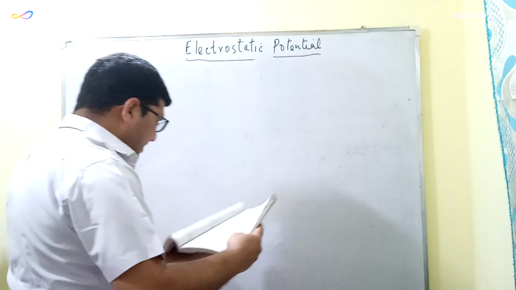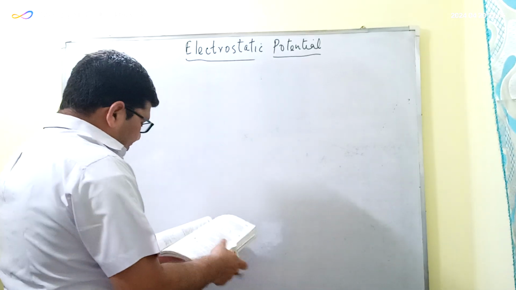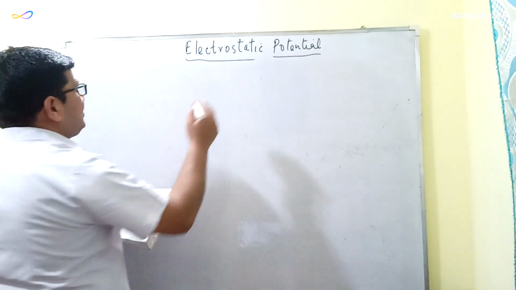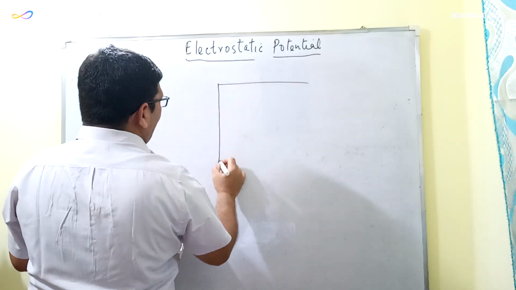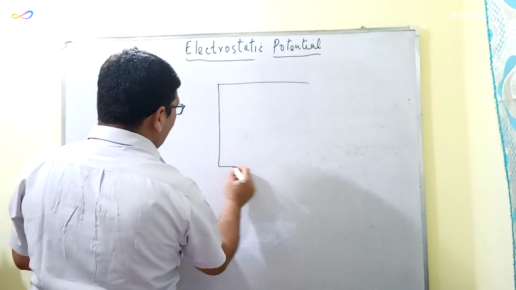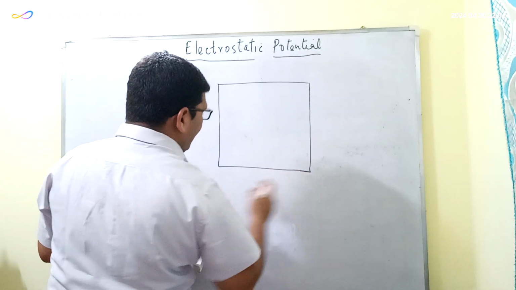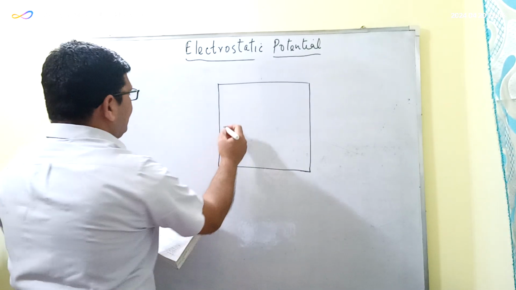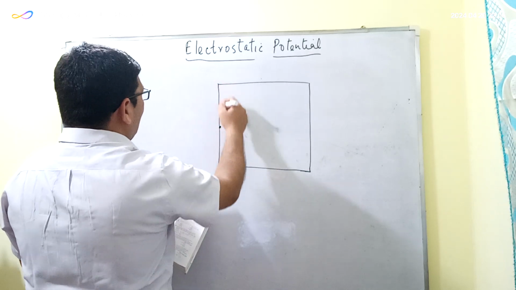So the question here is, again, a very easy question, but the question which I am writing here was also asked in the CBSE All India Pre-Medical Test. So this is one square, and this is a point A, which is in between.